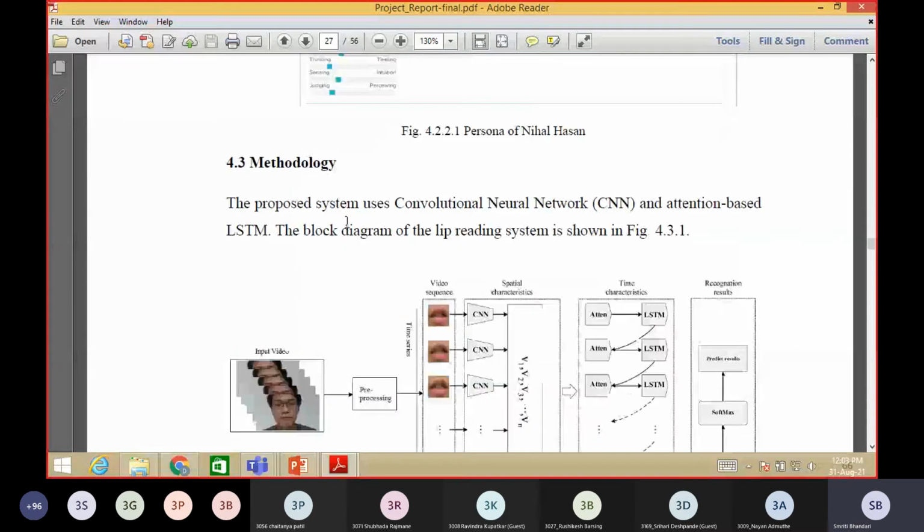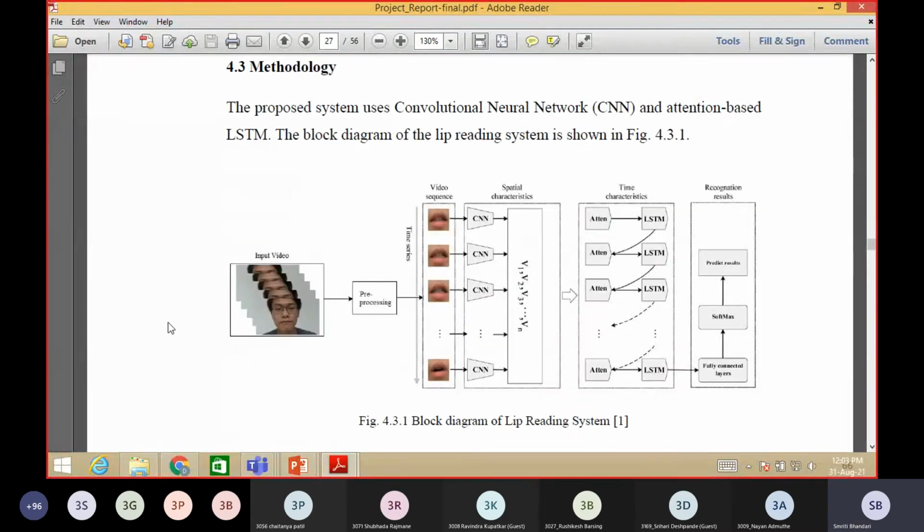Now under methodology, see here a block diagram. This is a block diagram that reflects the overall process that is implemented. Now please remember, whenever you have any figure or table in your report, do not forget to refer to that figure in your text.